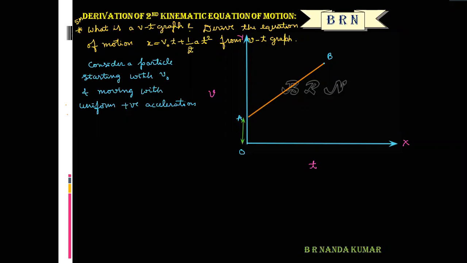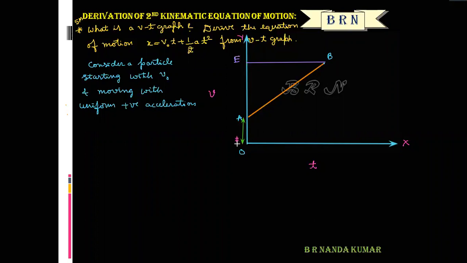Okay, so after that, let us consider this point as E. So O to E, let's consider that is the final velocity, right?